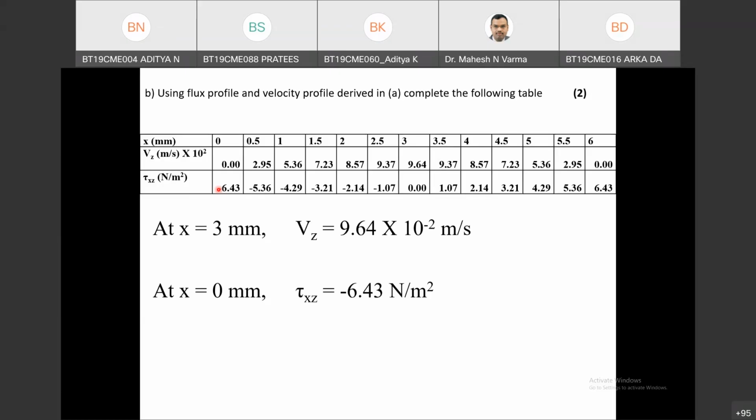Roll number 23, Kaushik. Hello. Tell me, Kaushik, what is the significance of this negative sign here? Sir, velocity is increasing, so the stress is also increasing. What is the physical significance of the negative sign?